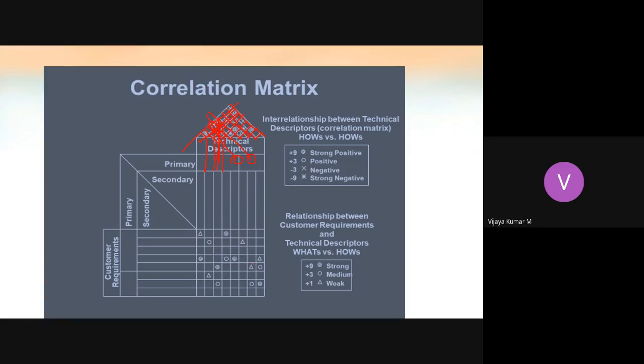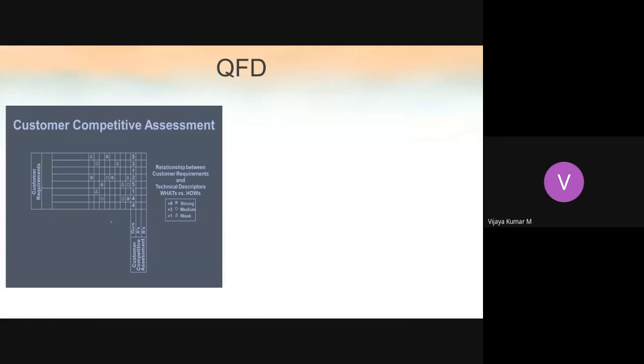And now we have developed at least some part of our house, right? So the latter part is the customer competitive assessment. This is about the matrix, the customer competitive assessment. You also fill in this particular matrix.